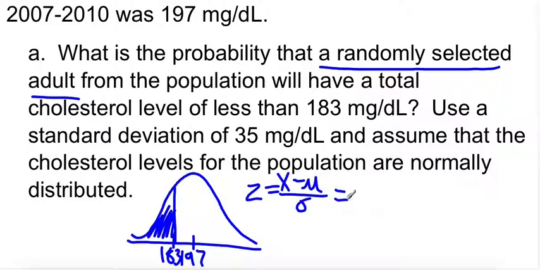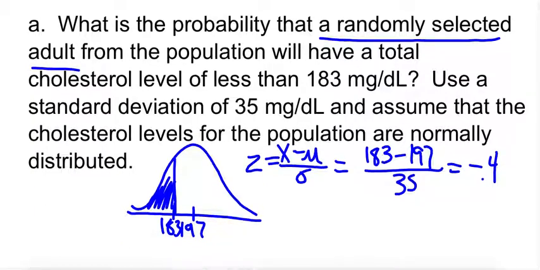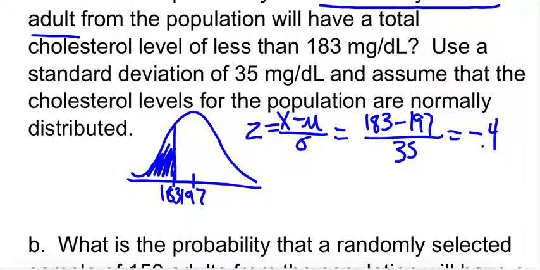So our x is 183, mu is 197, and sigma is 35. We put that into our calculator and we get negative 0.4. So that's our z-score. If you're doing this by hand, you would then need to go to the table, because we want the area to the left of negative 0.4.